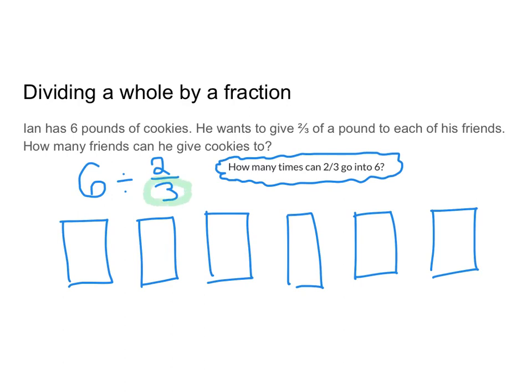So we're going to take our wholes and we're going to break all of them up into thirds. Do it now. Okay, so now we have our 6 broken up into 18 thirds. Now we need to see how many 2/3 can I make out of that.